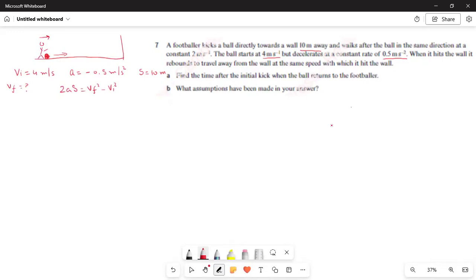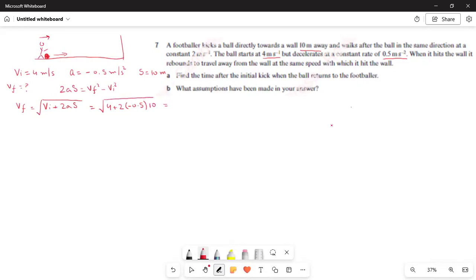So from here, VF is equal to the root of VI squared plus 2AS. So VI is given as 4, plus 2, and acceleration is minus 0.5 and distance is 10 meter.